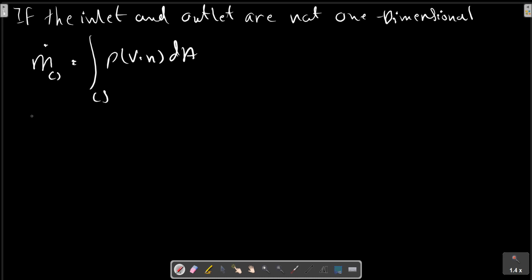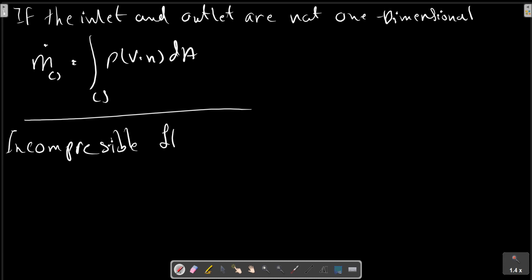Now we are going to describe incompressible flow. Still further simplification is possible if the fluid is incompressible, which we may define as having density variations that are negligible in the mass conservation requirement.